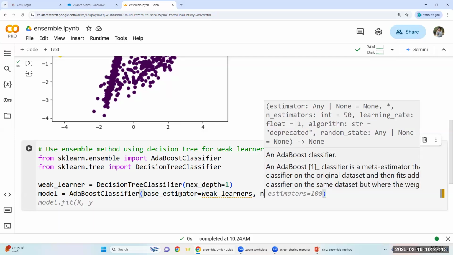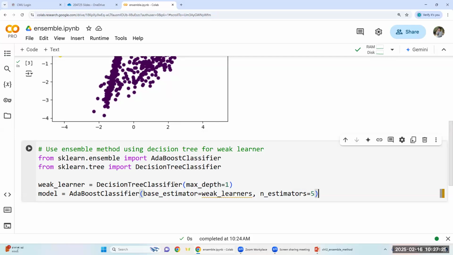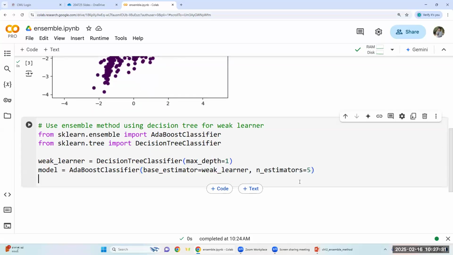And then you specify the number of estimators, like the number of classifiers that you want to use. Let's try 5 first. Oops, this one has to be weak learner. And then we can train on the data set.